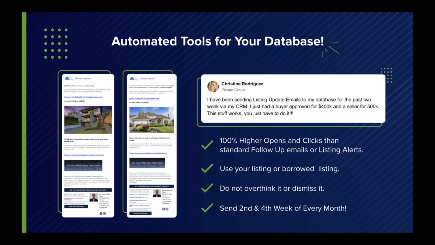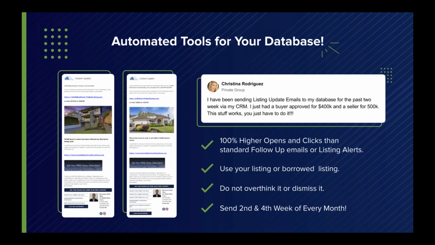Also, when you add listings to your account, whether it's your listing or a listing that you've borrowed from somebody else, you will get what's called the e-flyer for your database. This tool typically gets twice as many opens, twice as many clicks, and really good replies back. It looks like a long email, but it's actually really short.